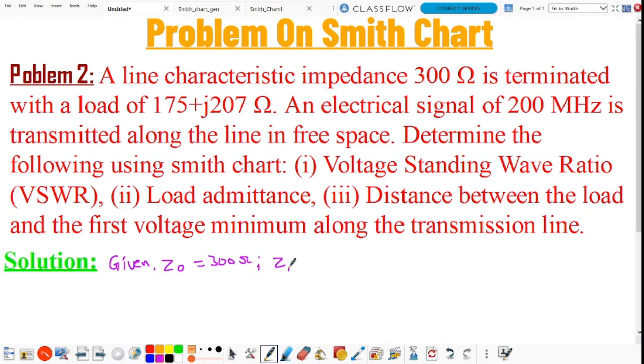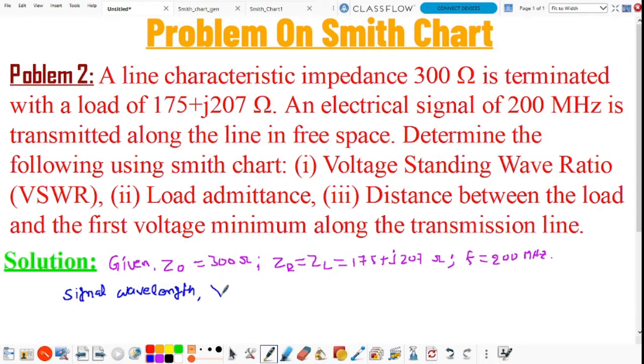The load impedance is denoted by Z suffix R or Z suffix L. The load impedance is 175 plus j207 ohms, and the signal frequency f is equal to 200 megahertz. First, calculate the signal wavelength.